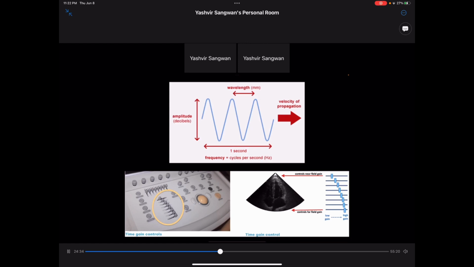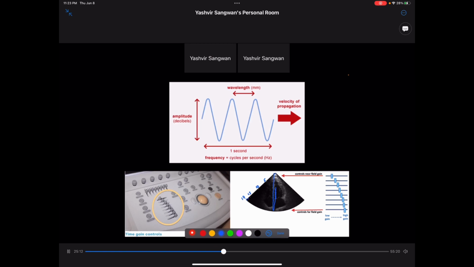And why is that important? You can change the amplitude by changing the amount of current that a crystal gets, or changing the sensitivity of that crystal to the sound that comes back. That is important because if you have an ultrasound beam going 5, 10, 15, 16, 17 centimeters and back, by the time it comes back, getting reflected through all the tissue, it might just peter out and you don't get any image.